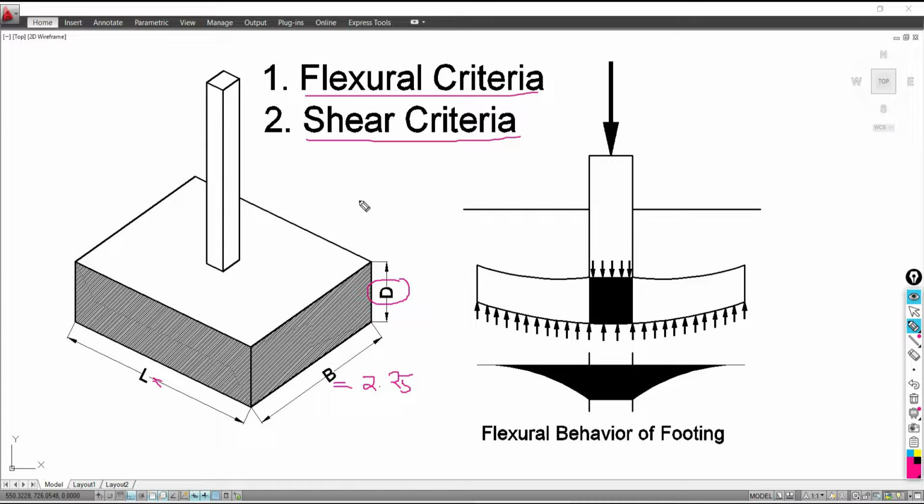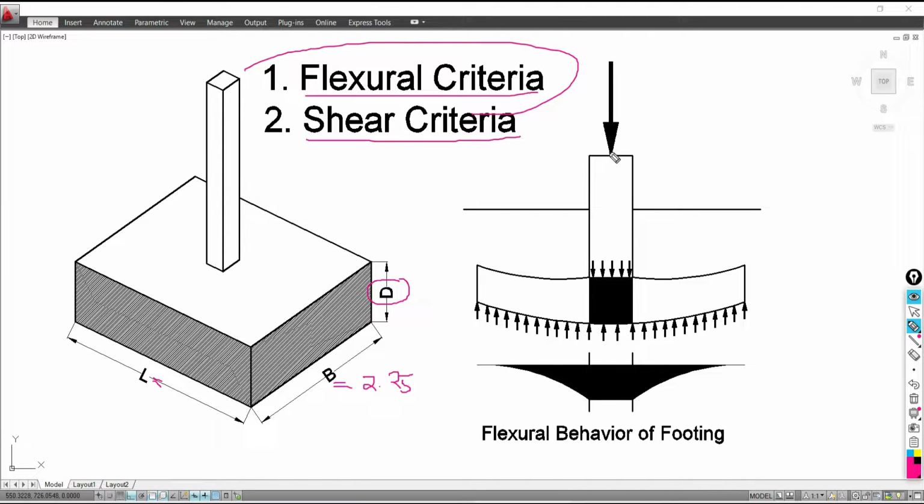Whatever depth is required as per the flexural criteria, we will decide that, and that provided depth we will check against the shear criteria. If your provided depth is safe in the shear criteria, then we are going to finalize that depth of the footing. So try to understand what is meant by this flexural criteria.